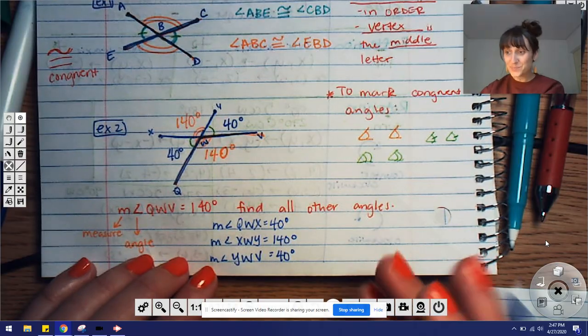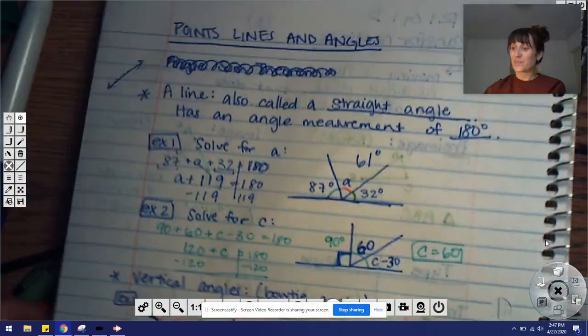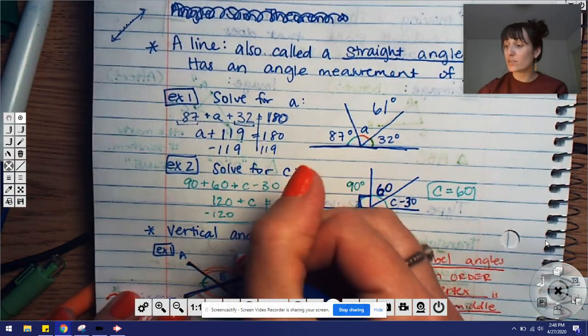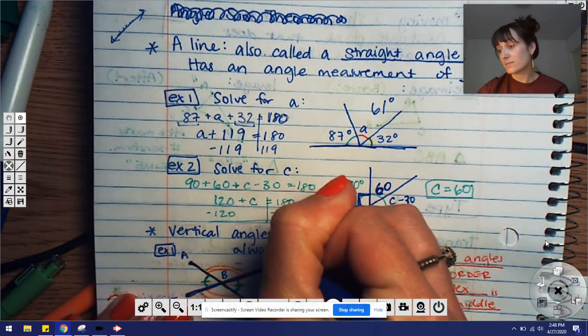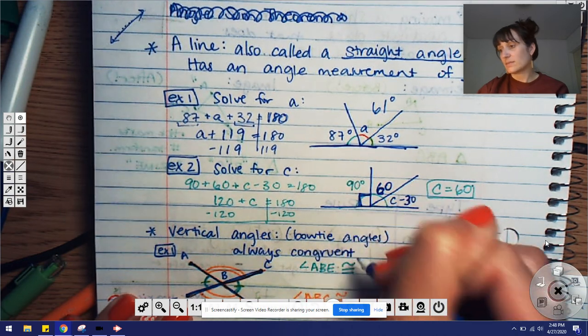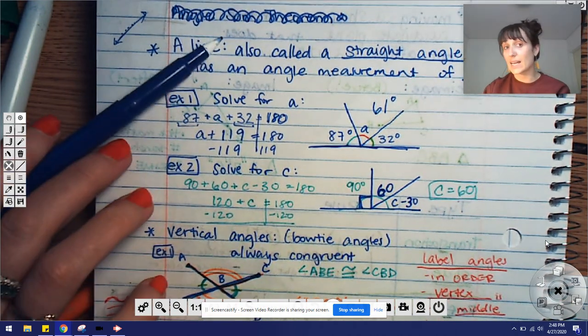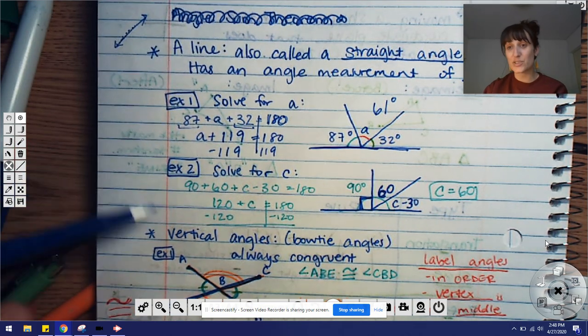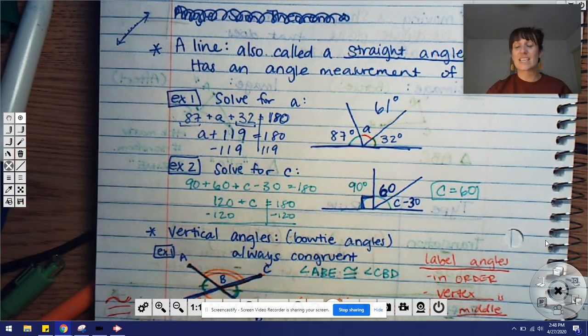So now I know vertical angles, my bow tie angles, are always congruent. I also know that a line has a measurement of 180 degrees. And knowing these two bits of information gives me a ton when I am solving problems.